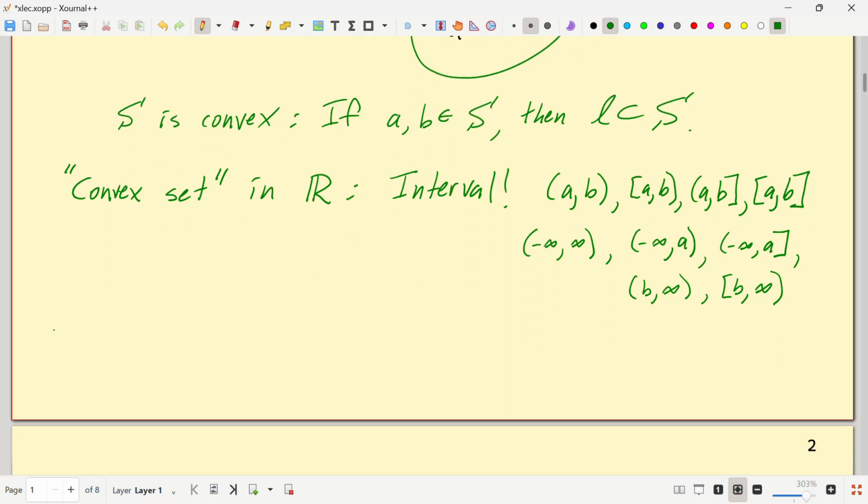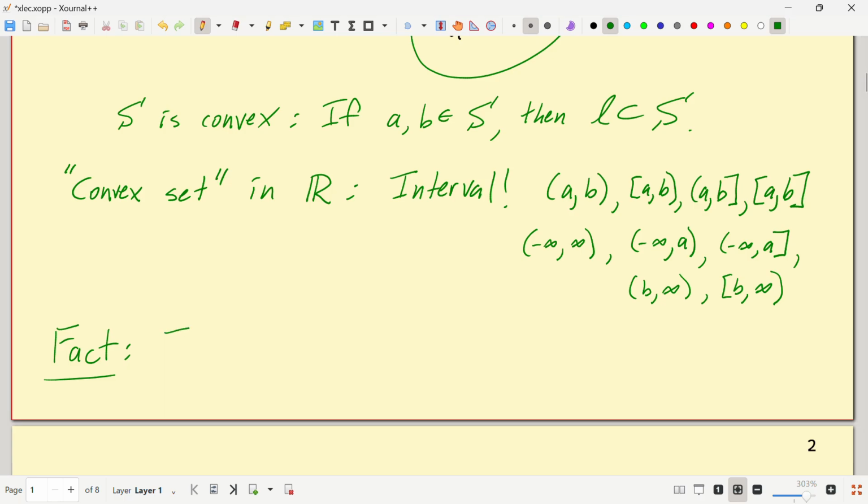So a fact that I skipped over from the previous section is that an interval is characterized by the convexity feeling.